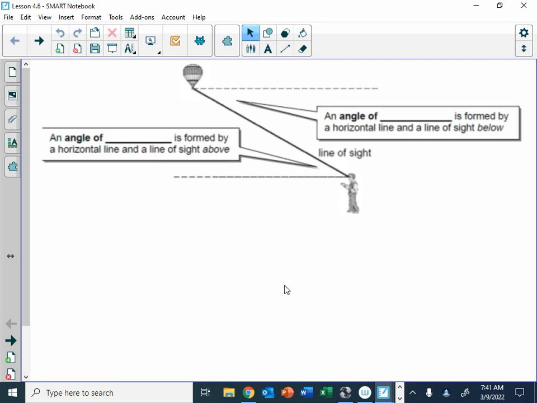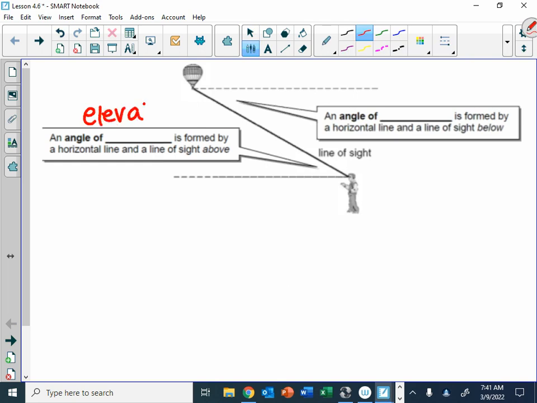You have to be able to draw a picture of this. But first, let's talk about what angles of elevation and depression are. An angle of elevation is formed by a horizontal line and a line of sight above. If I'm standing and looking up at this light, this angle from my nose up here is my angle of elevation, because I'm looking up.